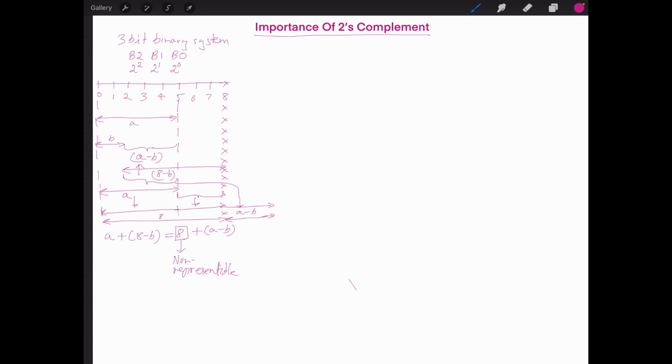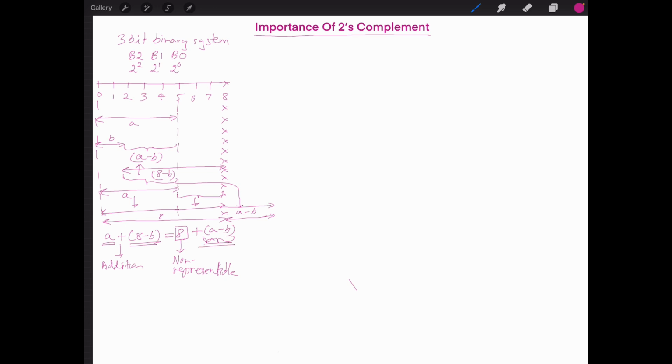So the 3-bit number that you would end up with is just going to be A minus B. That's what we'll have in the result. As you can see, by a simple addition operation, we are able to arrive at A minus B. So we are able to add A with 8 minus B to arrive at A minus B.